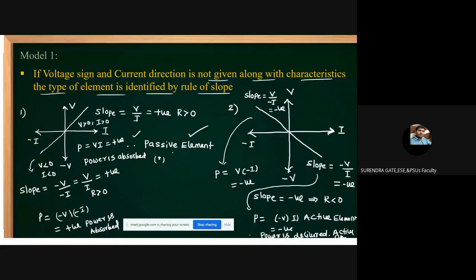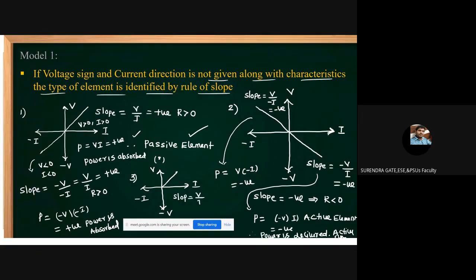Students, please concentrate. For example, one more question I am giving like this. Can anybody identify this one? Active element or passive element? Any question can be given like this. This is V, this is minus V, this is I, this is minus I. What is the slope?